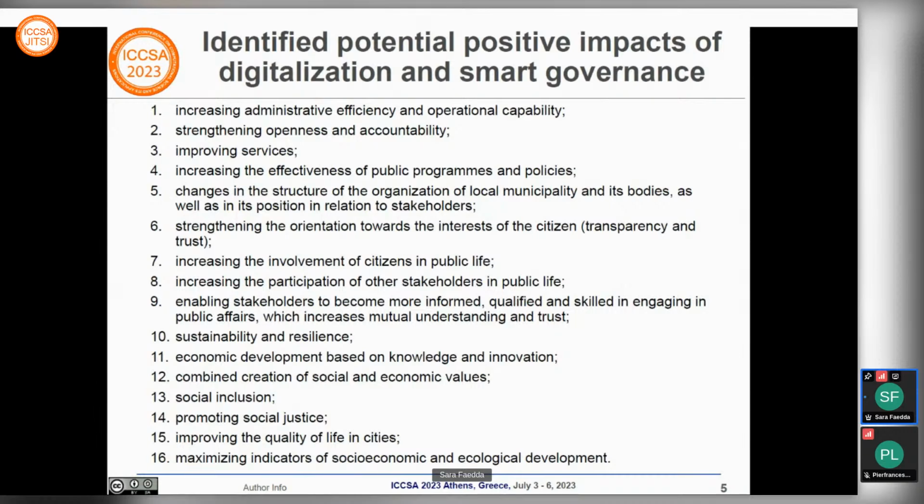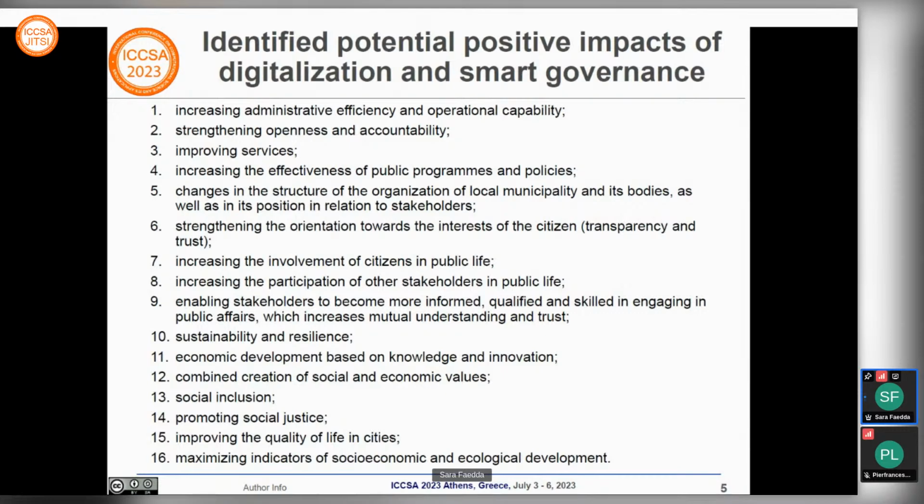In the first round, we also did research among experts from academia and practice, and we gave them all these impacts, positive and also negative, to evaluate. We asked if they think they are real, how important or how serious they are, and so on, and they confirmed that all of them can be expected to happen in reality.